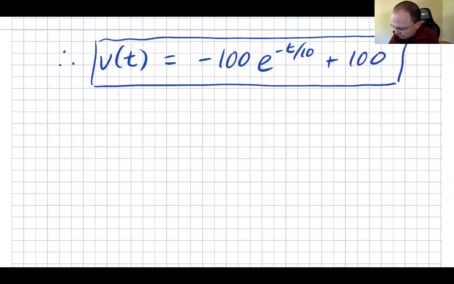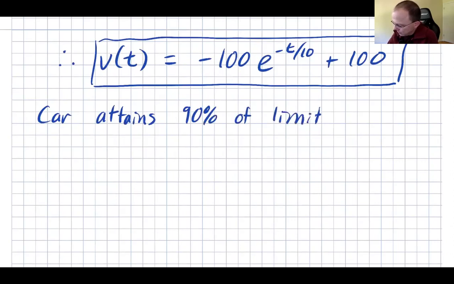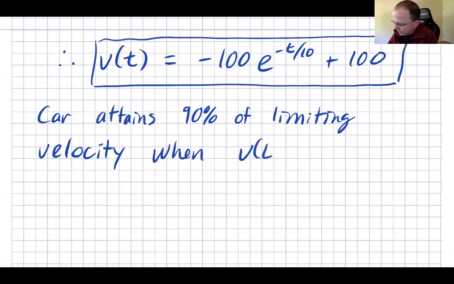So the car attains 90% of the limiting velocity when v of t is equal to 90 feet per second.